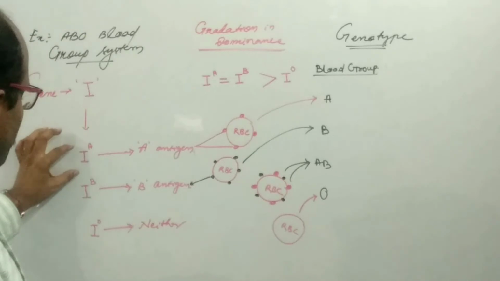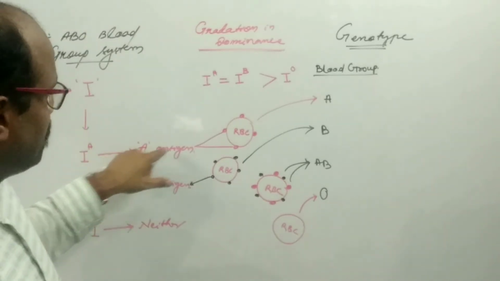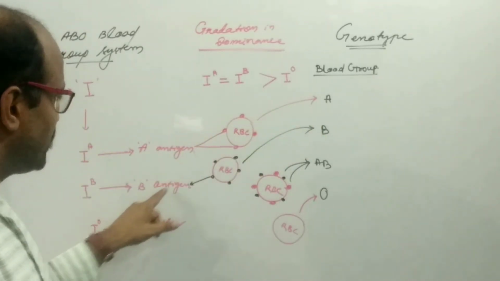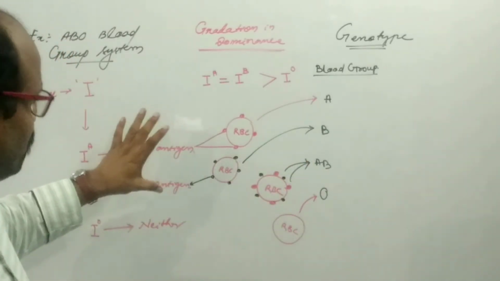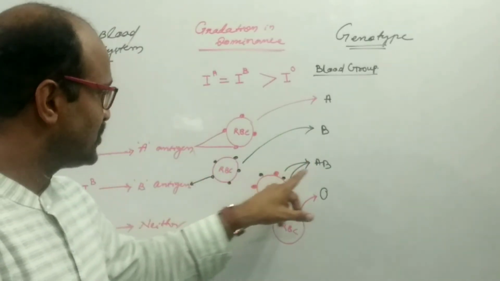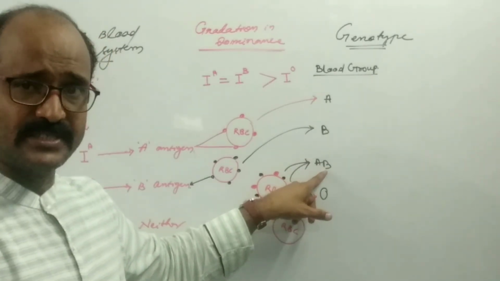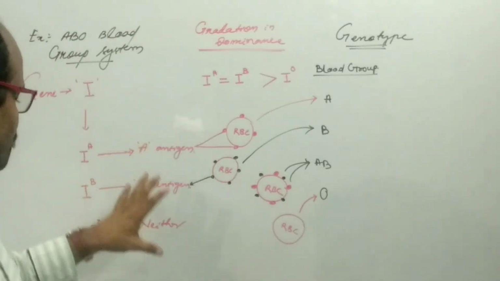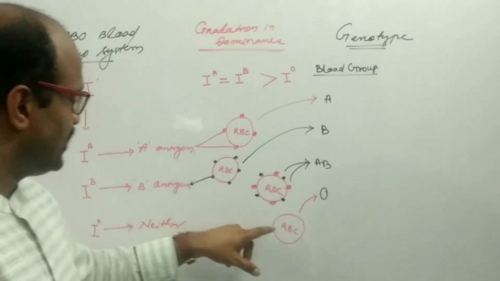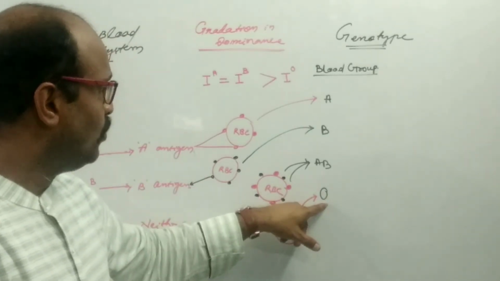So if A antigen is present, blood group is A; if B antigen is present, blood group is B; if both are present, then it is known as the AB type. This is the example of codominance. If neither A nor B is present, then it is known as the O blood group.